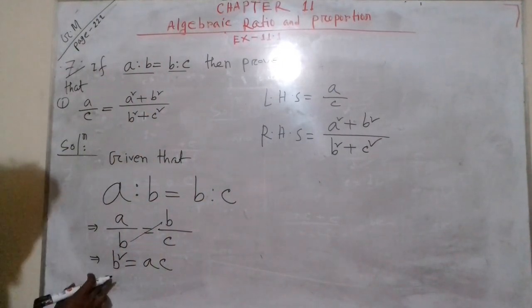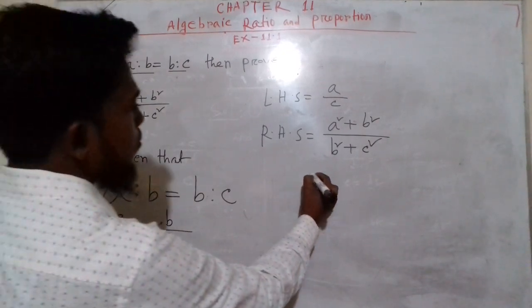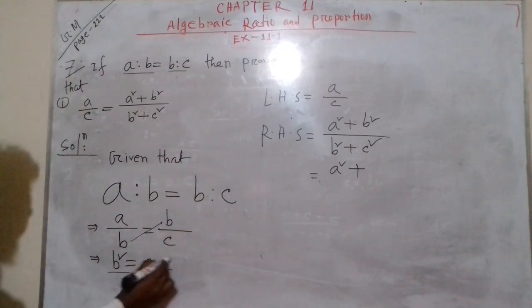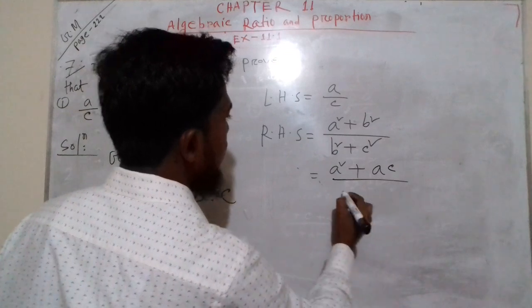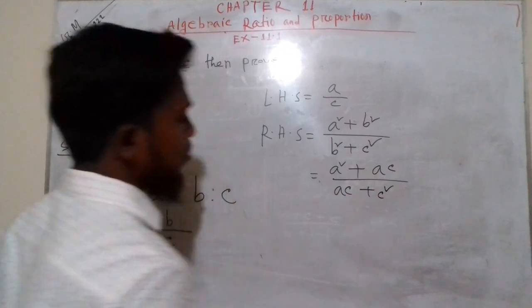Now we put the value of B square equal to AC. So A square plus B square equal to A square plus AC, divided by B square equal to AC plus C square.